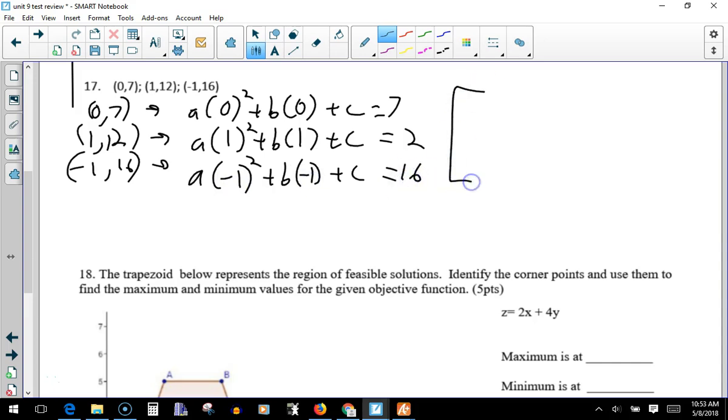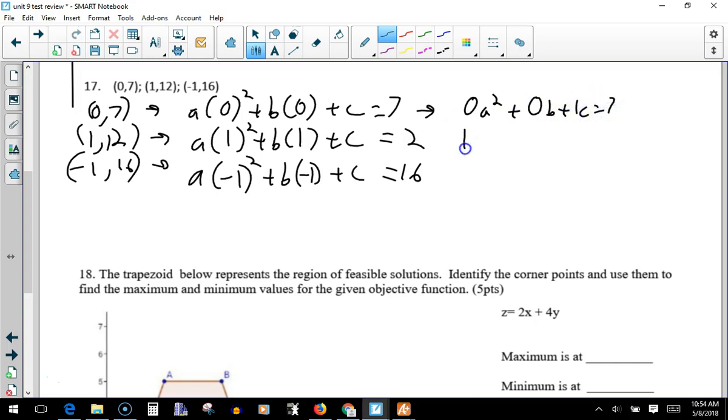So that's going to be an augmented matrix. Oh, I forgot to write out my equation, sorry. So that's going to be 0a squared, I'm just putting here to remind you what goes in the matrix. 0b plus 1c equals 7.